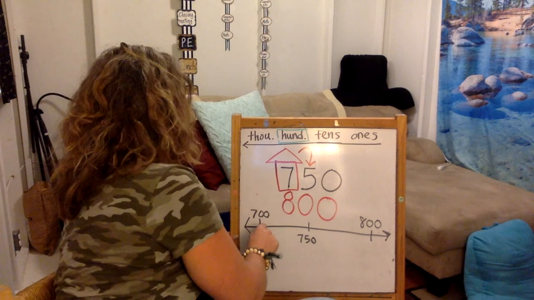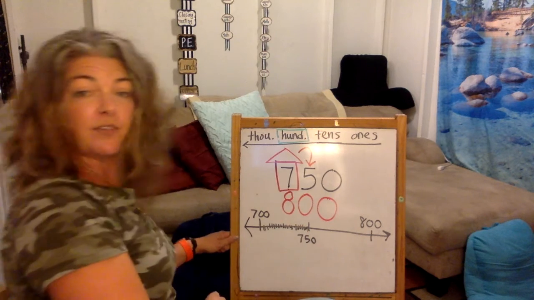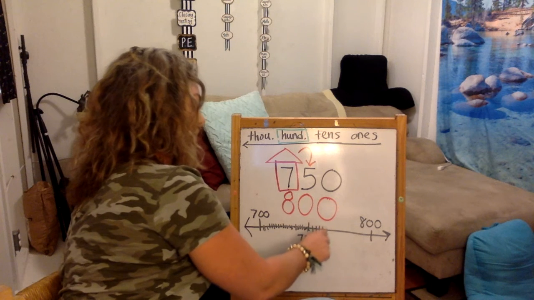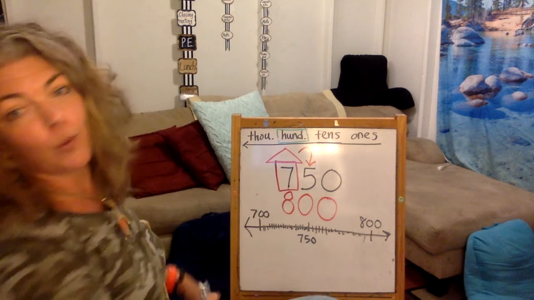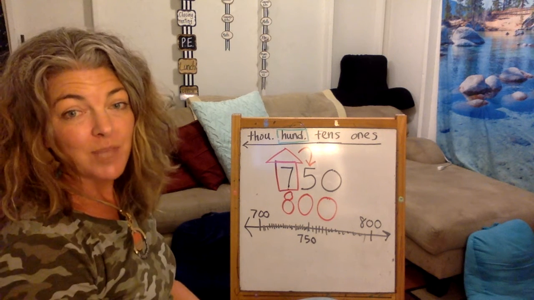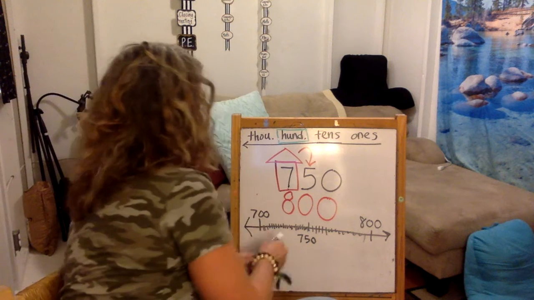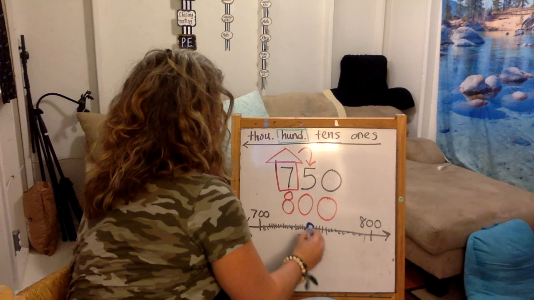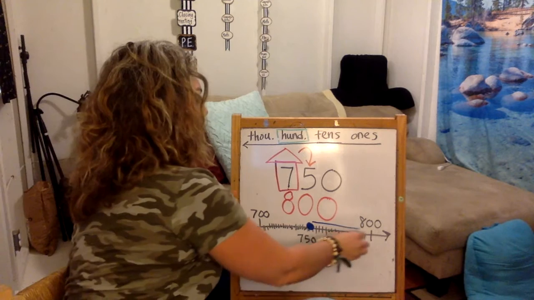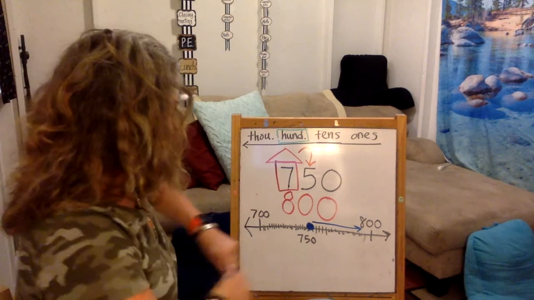I could say 1, 2, 3, 4, 5, 6, 7, 8, 9, 10, all the way to 50. And 750, 51, 52, 53, 54, all the way to 800. But I'm not going to take my time to do that today. I think you get the idea. So I'm going to put 750 on my board. And what's it closer to? It's closer to 800. That's why my number changed to 800.